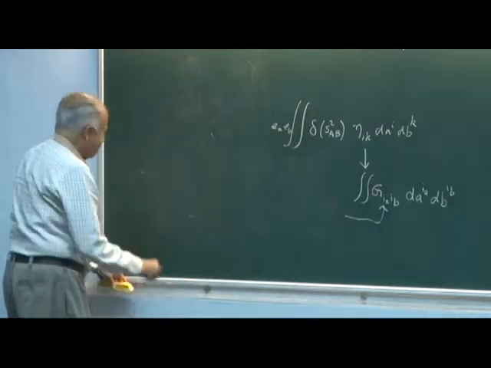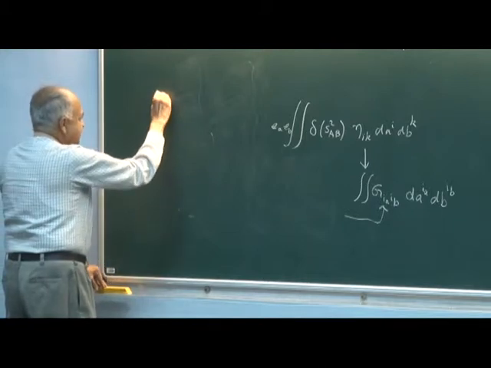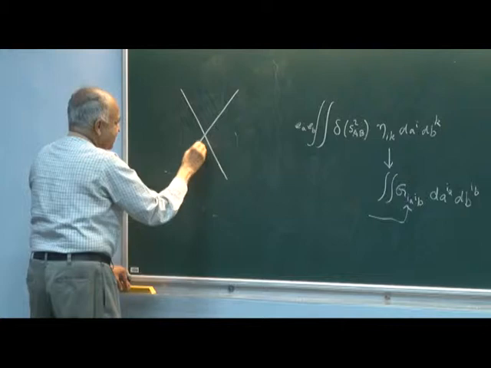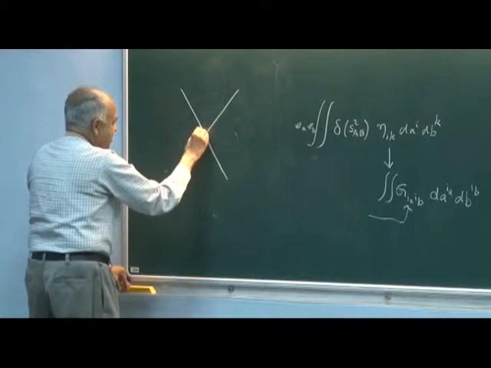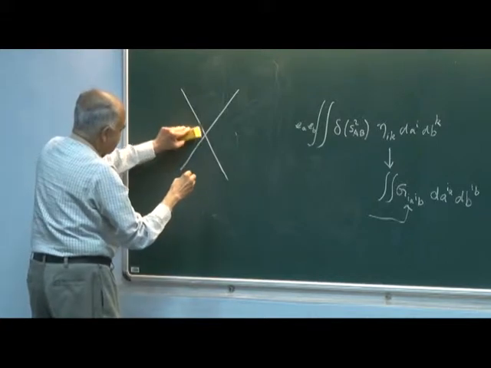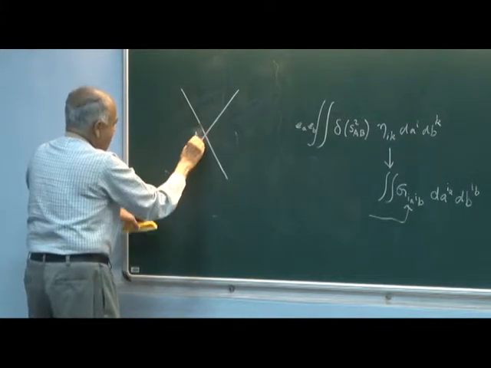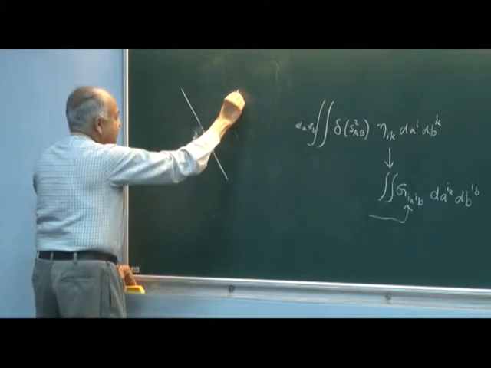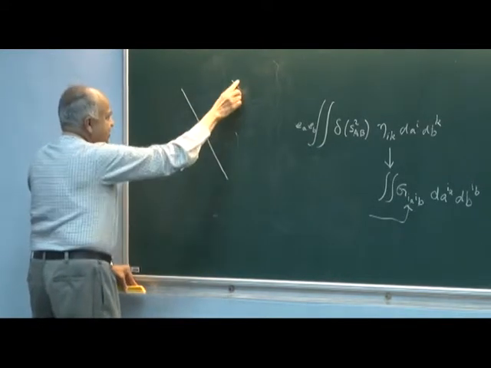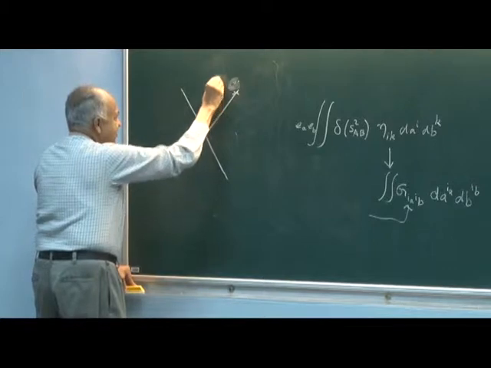The Green's function has two, let us take this x, and let us suppose this is x, or take a general point x.